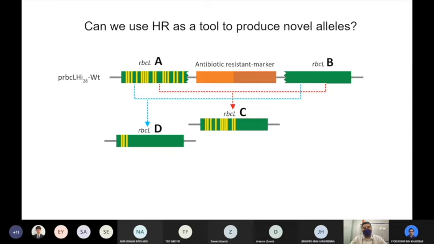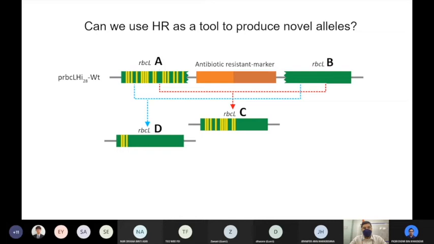Once this construct is inserted into the chloroplast genome, depending on the crossover sites between these two repeats, you will get different versions of the genes, new genes, novel alleles. So let's see now RBCL-C here: you get these yellow lines at the 5' end of the RBCL gene, and then the rest coming from RBCL-B, because the crossover event happened in the middle.